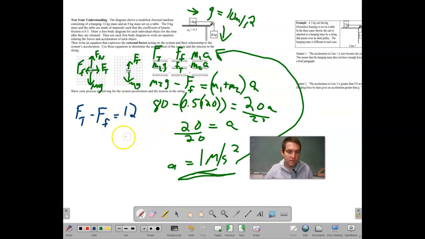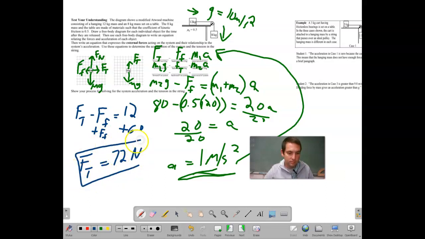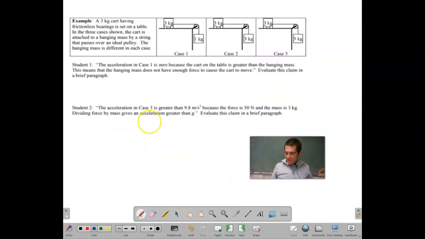My frictional force, I said earlier, was 60, so I'm going to add 60 to each side. And I get my tension to be 72 newtons. So there you go. I have all of my steps, I have all of my work. This should get me full credit, as long as I didn't mess something up. Which I didn't, relax. Next one.